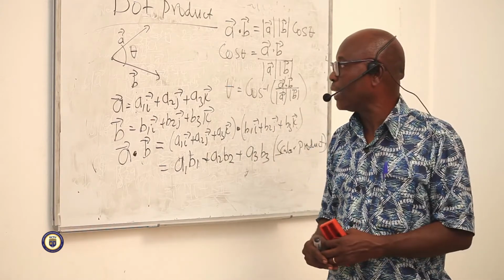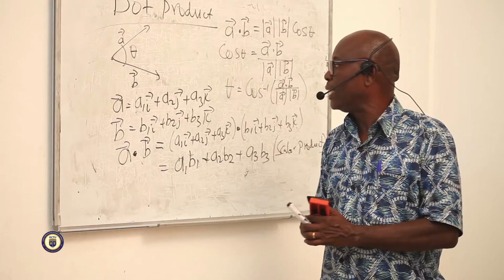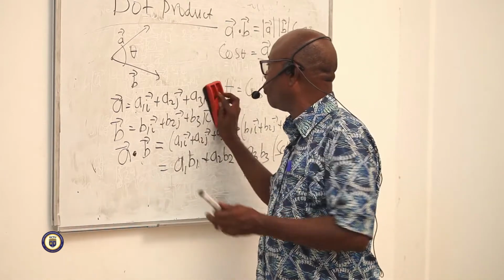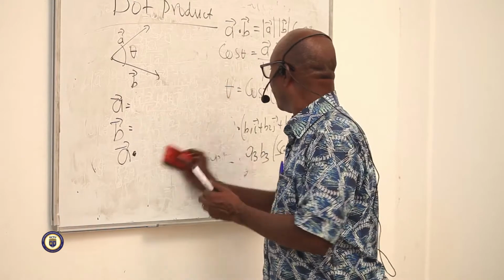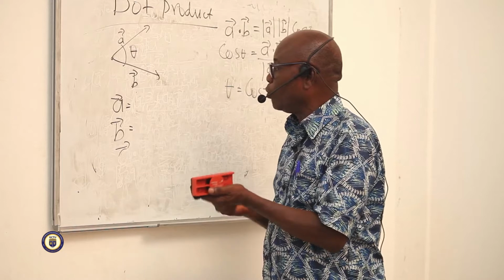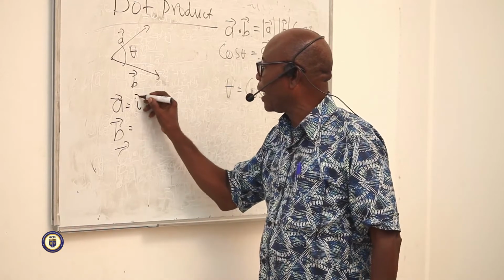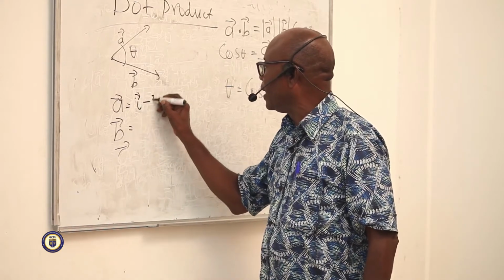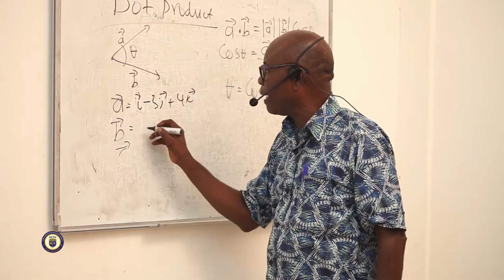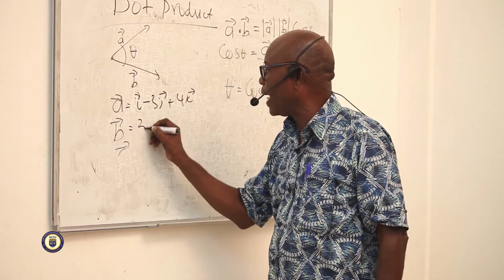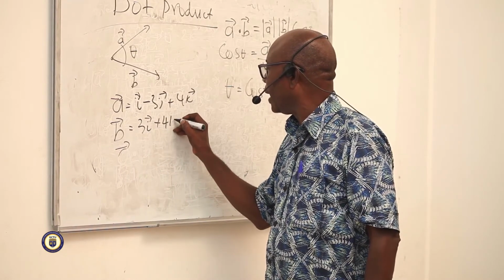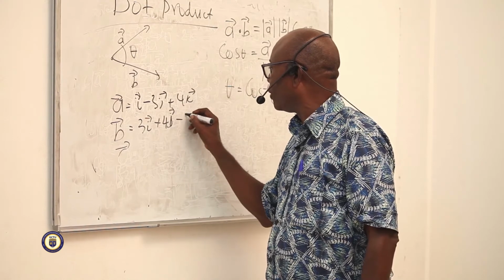And so by way of an example, we can take a situation where we have two vectors, A equal to i minus 3j plus 4k, and vector B equal to 3i plus 4j minus 2k.